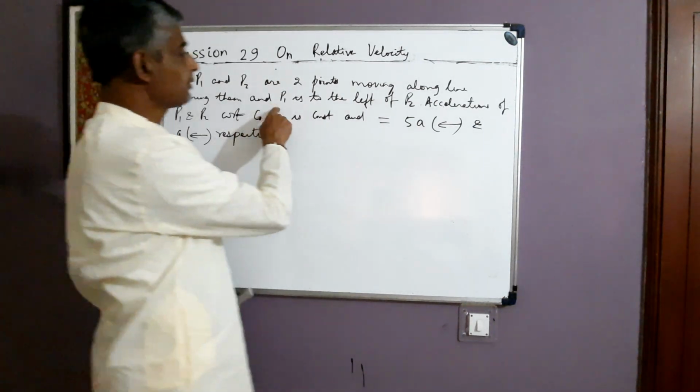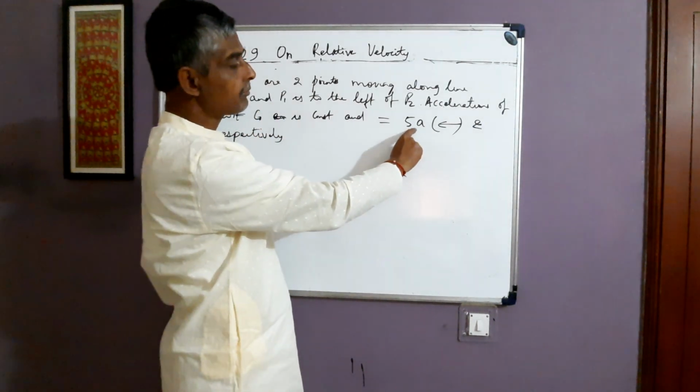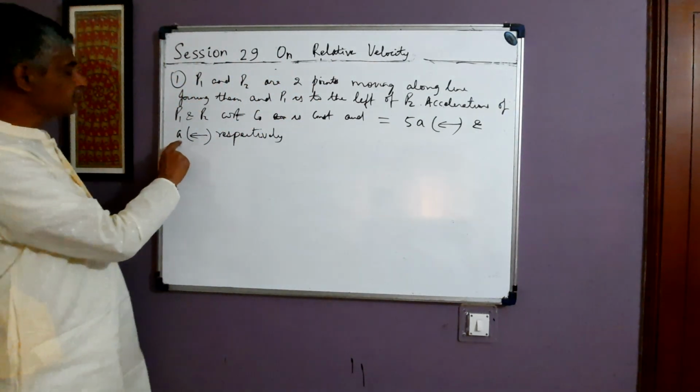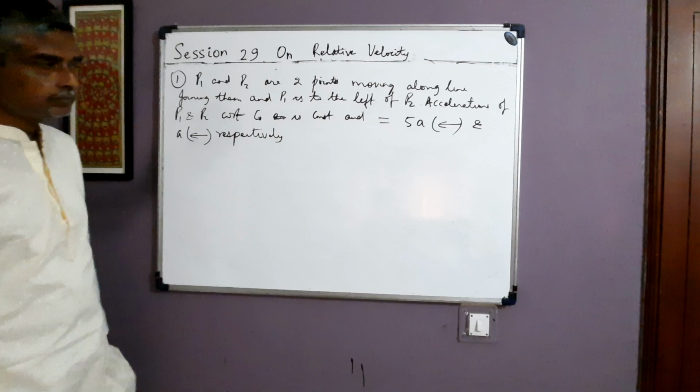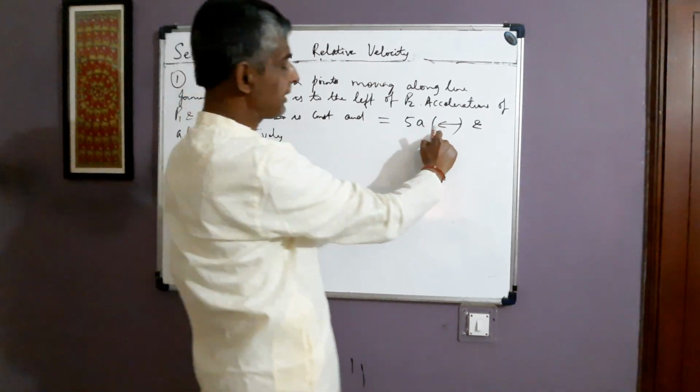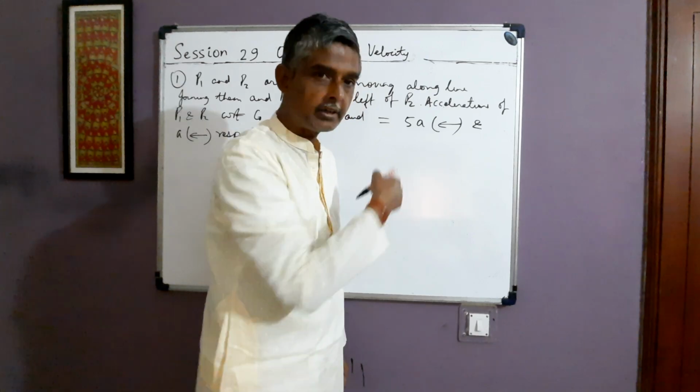That is, P1 is moving towards left with a constant acceleration 5A with respect to ground, and P2 is also moving leftward at a constant acceleration A with respect to ground. The leftward arrow means leftward direction.